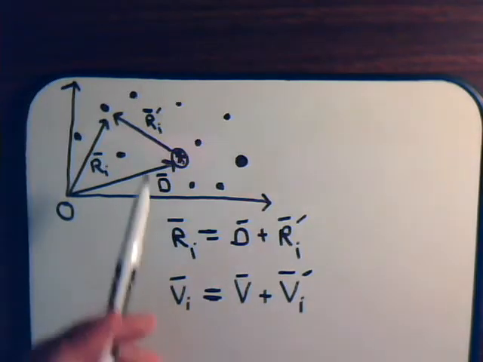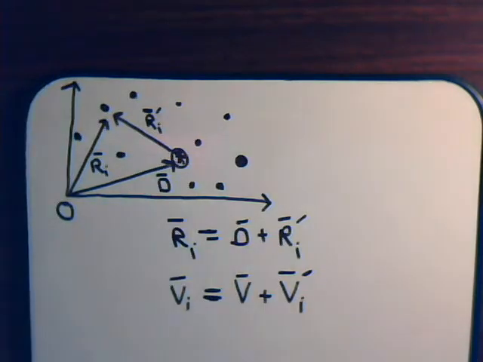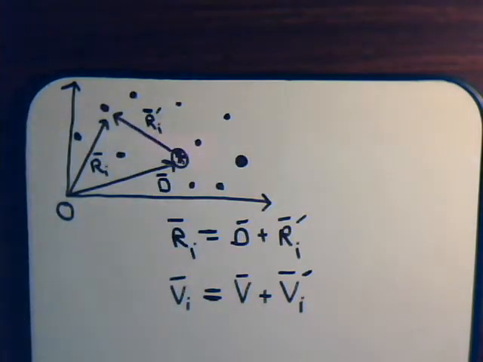So if we were standing at the center of mass, measuring the velocity of the different particles in our system, that's what Vi prime designates.